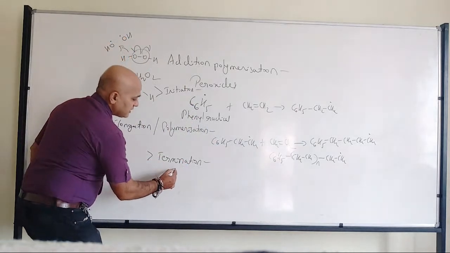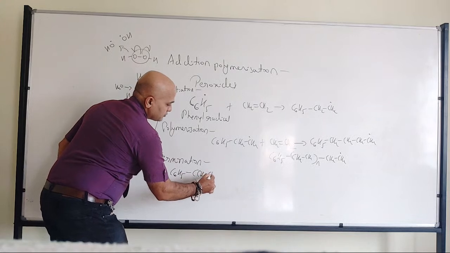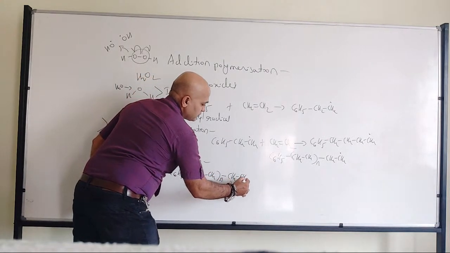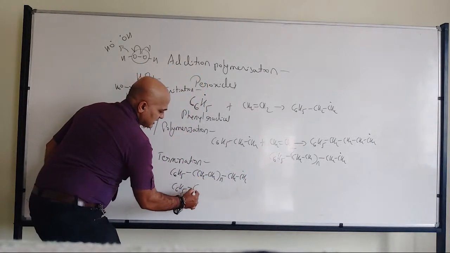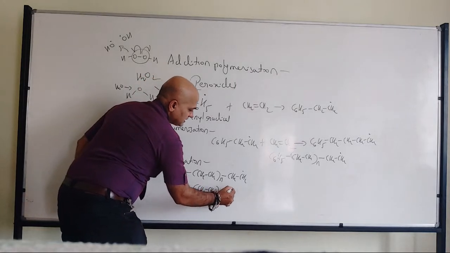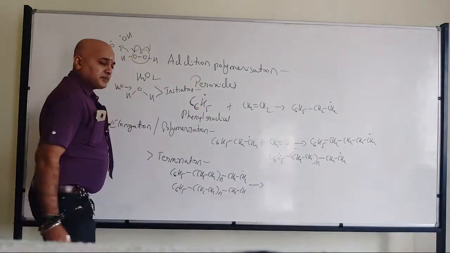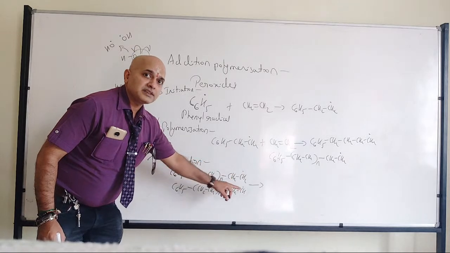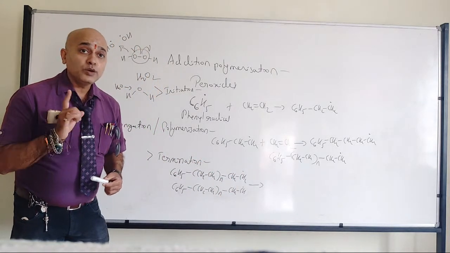For example, C6H5, CH2, n number of times, CH2, whatever radical is there, it will react with another same radical which is produced due to the same polymerization process. They will interact and make a bond with each other because of the presence of a lone electron, not a lone pair, a lone electron.